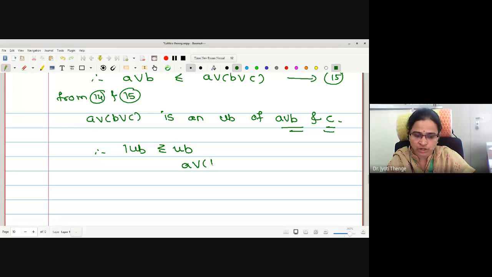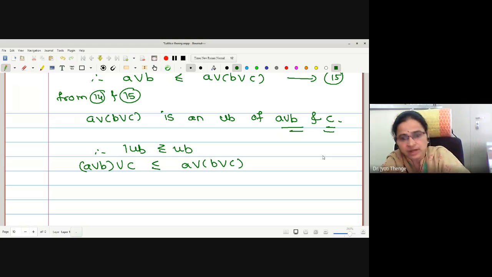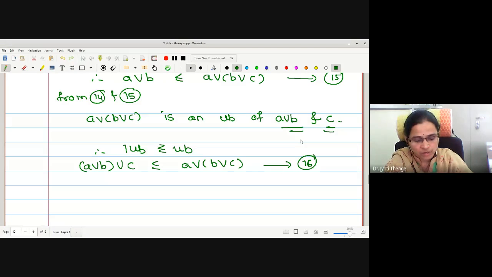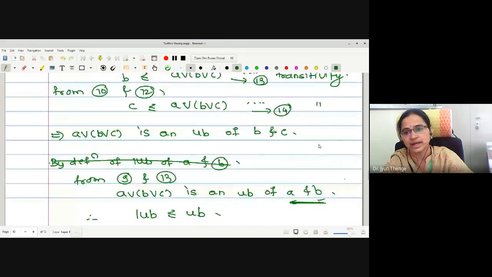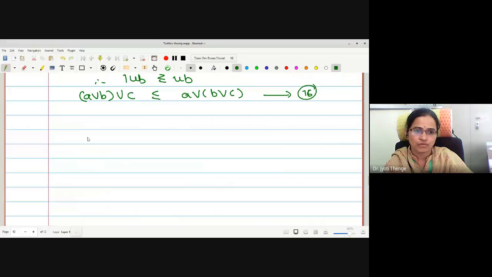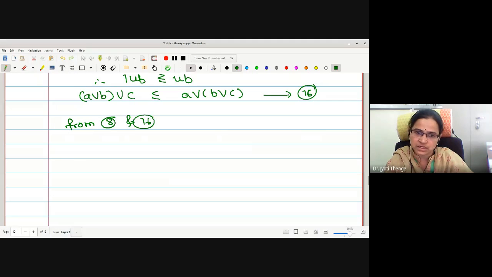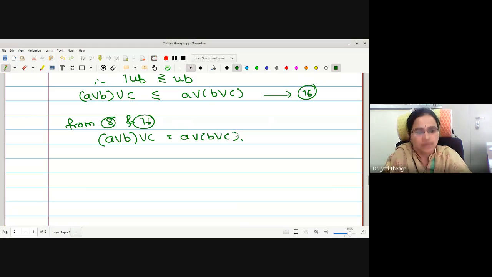Upper bound we know is A join B join C. Now what is the least upper bound? The least upper bound is A join B join with C. Hence we have done, and this next number is 16, I think. And what is the first one? We have written number 8. From 8 and 16 we have proved A join B join C is equal to A join B join C. Hence the proof.